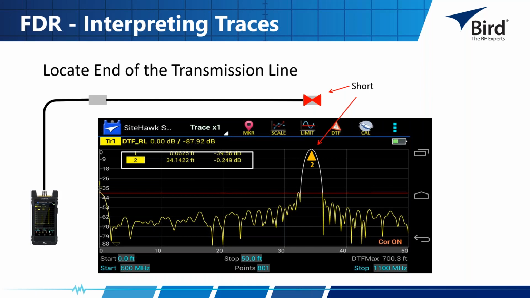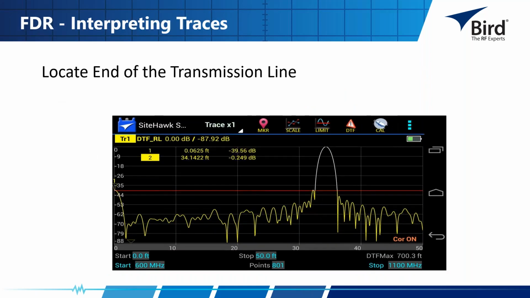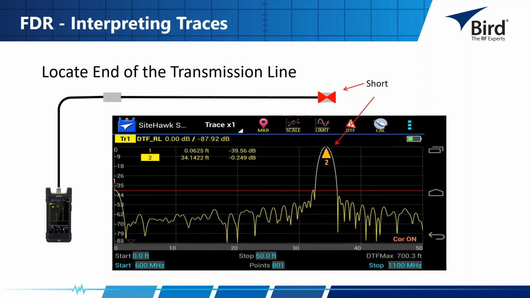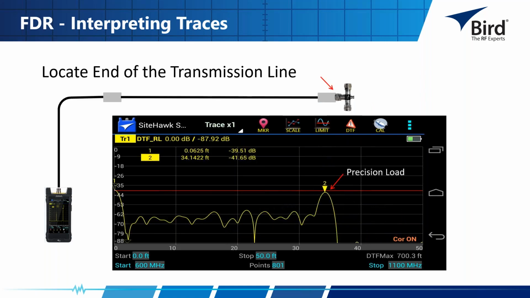So here we've located the end of our transmission line, and to double check to see if I have it right, now if I put that precision load on the end, it drops down very close to negative 40. So that's how you can tell if you are at the end of the cable like you think you are.